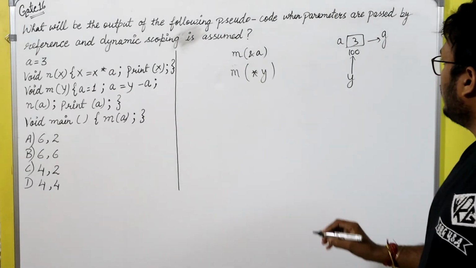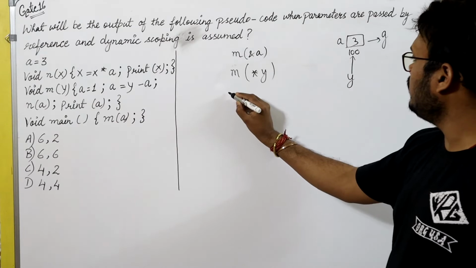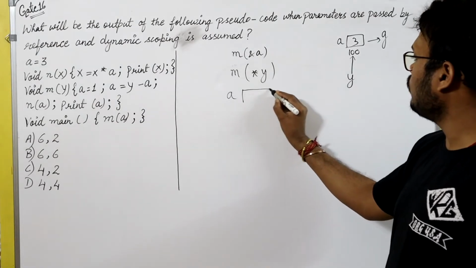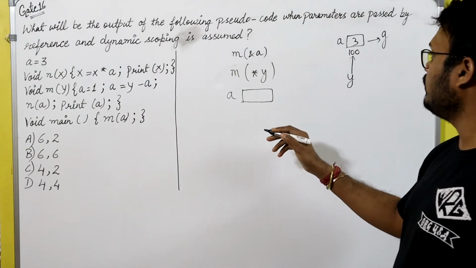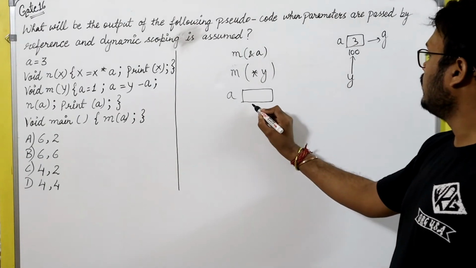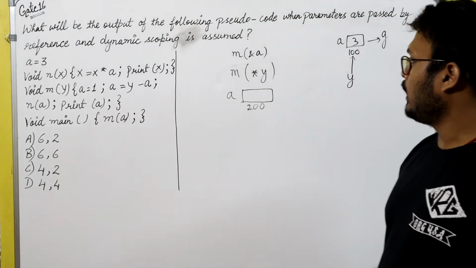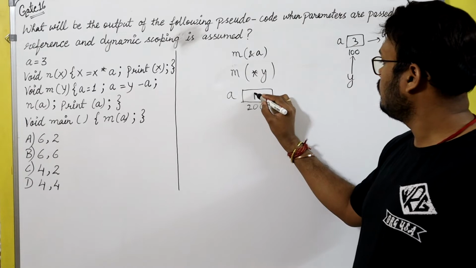So here a local variable a has been initialized. Since it is a local variable, let's give it a different address from the global variable. Say the address is 200. And its value is 1.